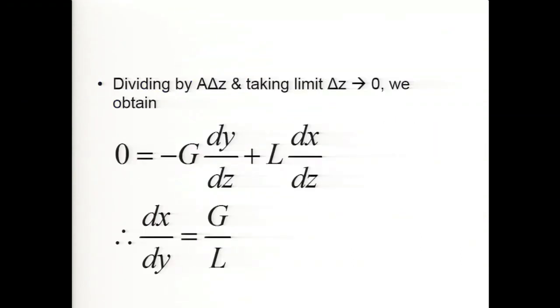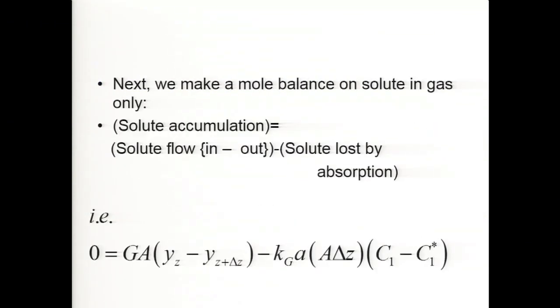So, if we make that balance on the gas phase, once again for steady state accumulation is 0. Input and output terms will resemble the first two terms earlier. Input minus output with the gas: these first two terms are identical, GA times (y at z minus y at z plus delta z). This is what has been lost by the gas phase.